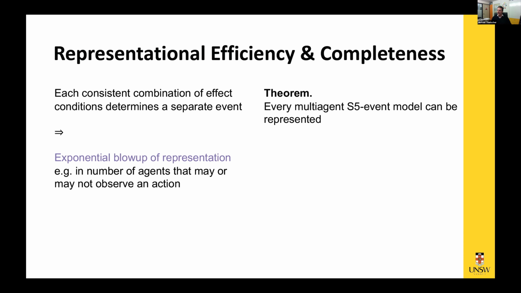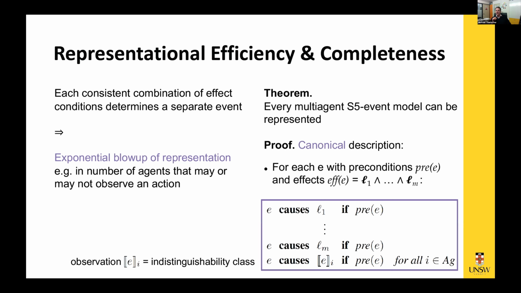And the proof is nice and straightforward because you can give a canonical description of every given event model, where you consider a particular event E, and then you list all the effects that this particular event might have, plus an observation, and this observation corresponds to the equivalence class or the indistinguishability class for a specific agent. And this canonical model is polynomial in the size of the event model.